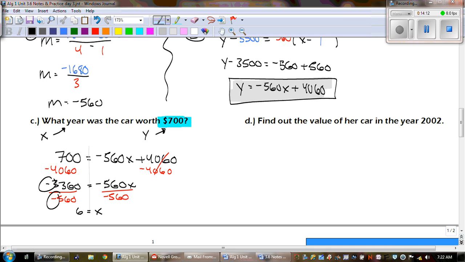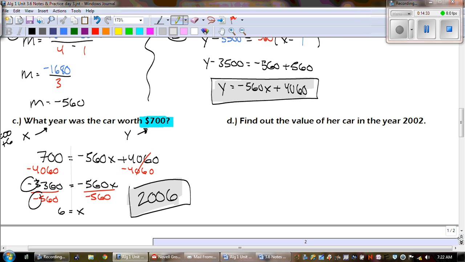So the year 6, did they have cars in the year 6? Now, remember that x equals 2,000, so it's 2,000 plus 6. So it would be the year, yeah, the year 2006. That makes a lot more sense. Okay? All right, and the last one, find out the value of the car.